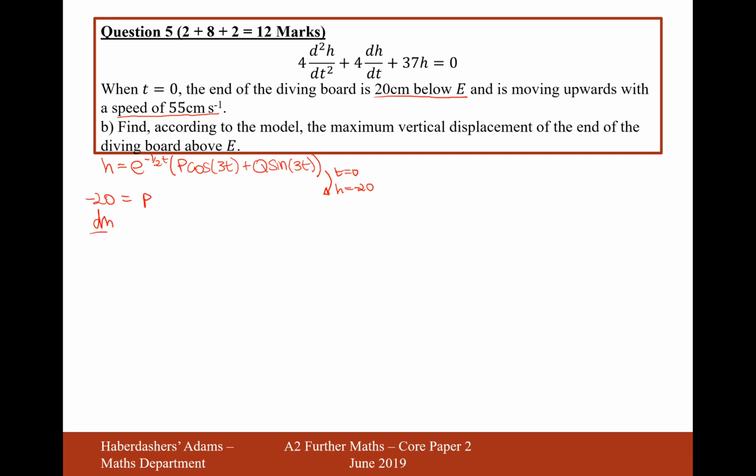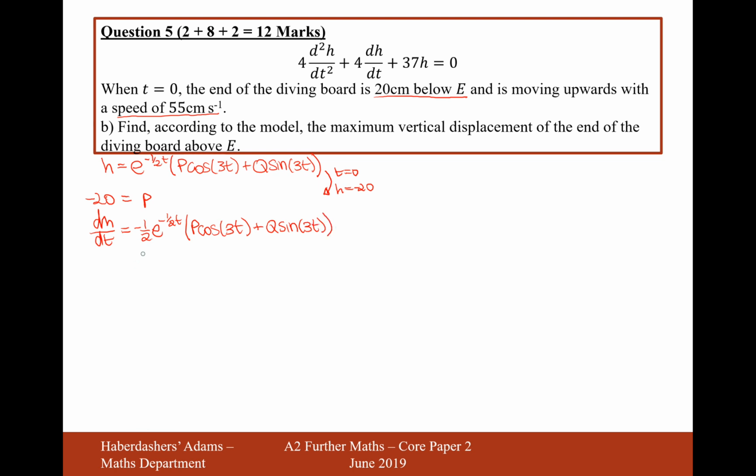So dh by dt is going to equal, now we use the product rule here, minus a half e to the minus a half t, brackets, p cos 3t plus q sine 3t. It's probably easier to keep p in there, but if you want to substitute p equals minus 20 at this point, you're very welcome to.